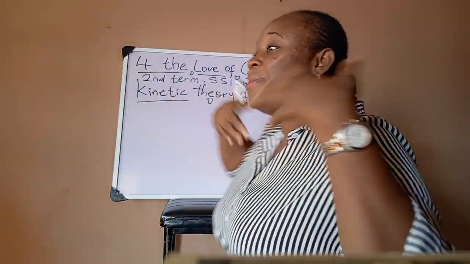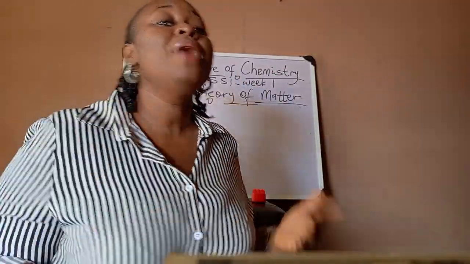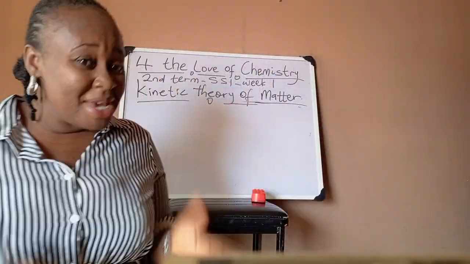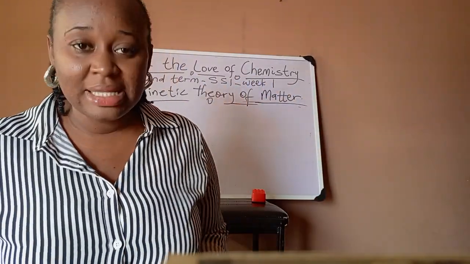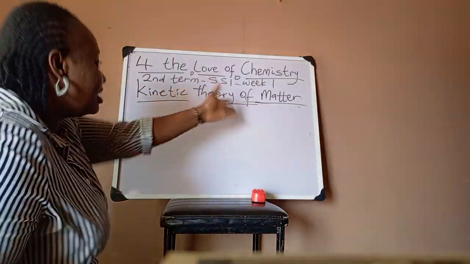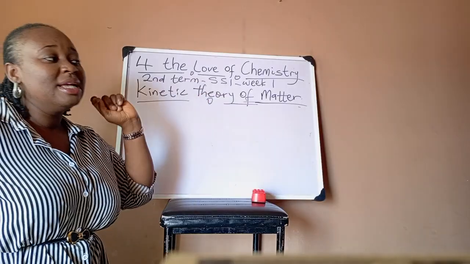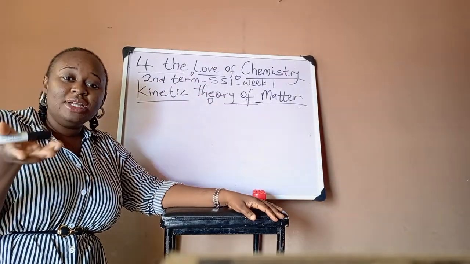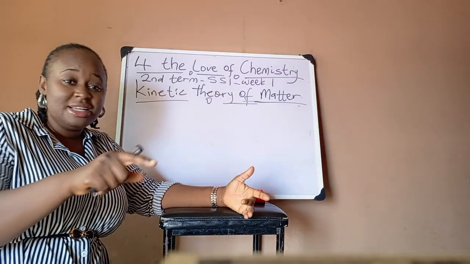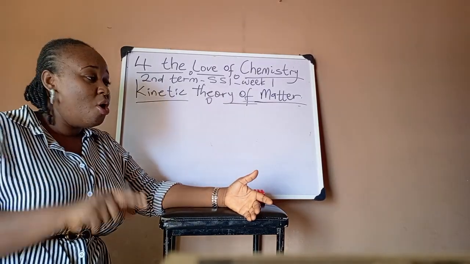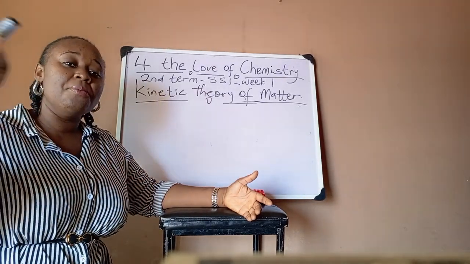We said that matter is anything that has mass and occupies space, which means that everything around us is matter. So if matter is anything that has mass and occupies space, it means that matter is either solid, liquid, or gas. Because what we have is either that thing is a solid, or it's a liquid, or it's a gas. And in chemistry, we call that states of matter.